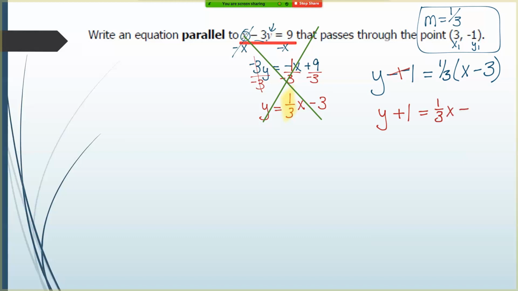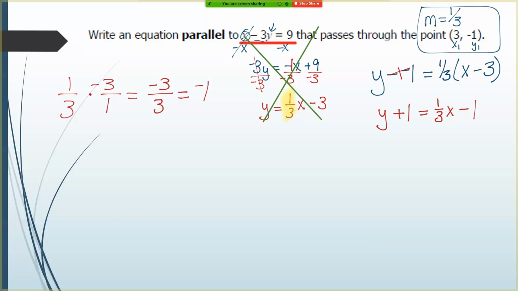When I distribute 1/3 times -3 over 1, again, multiply straight across. -3 times 1 is -3. 3 times 1 is 3. When I simplify my fraction, -3 divided by 3 is -1. So when I distribute 1/3 times -3 gives me a value of -1.